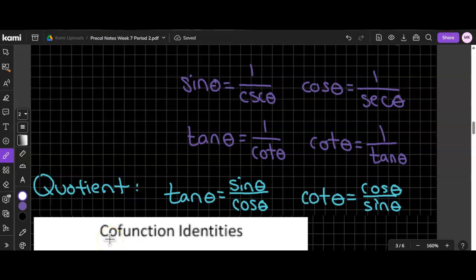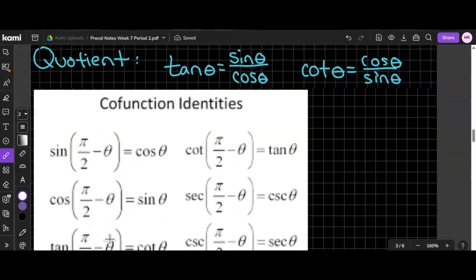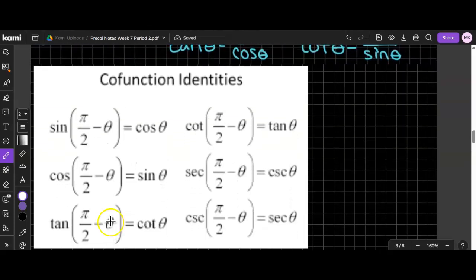Right, the prefix means together, and the identities about putting sine and cosine together come down to how they're off by 90 degrees, or in radians, they're off by pi over 2 radians. So if you see cosine, you can write that in terms of sine by subtracting theta from 90 degrees. Same thing for cotangent to tangent. Same thing for cosine to sine.